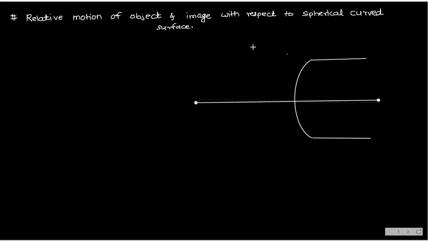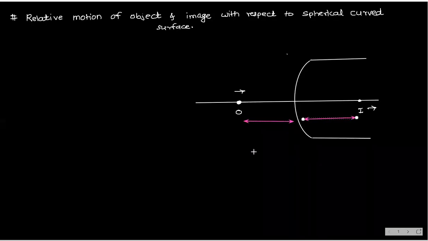Relative motion we are going to learn, same like mirror. This is the object, and suppose somewhere here you are getting the image, and this is also moving. As you know, this distance is u, this distance is v.